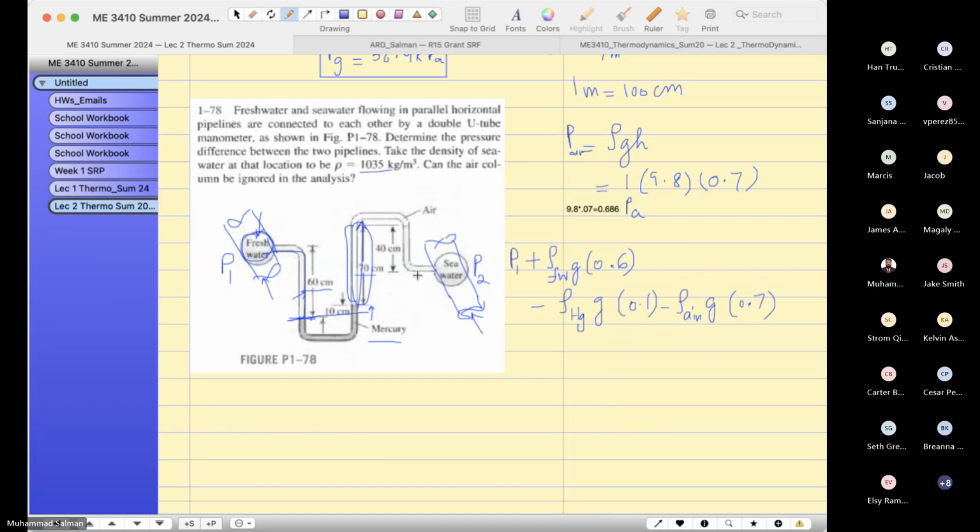And then the next fluid is going downward for seawater, so plus seawater rho g h2, 0.4. Now we have done the equation. The next thing is just to subtract, add or multiply. You have to determine the pressure difference between the two pipelines.